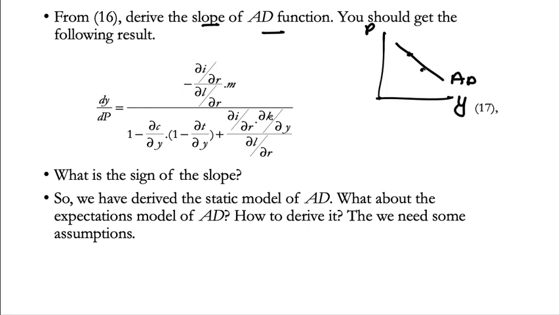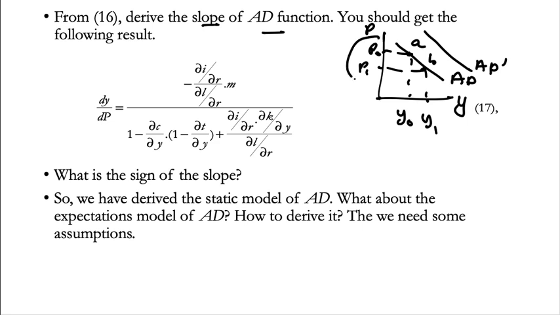So it means movement along the curve due to the price change from P0 to P1, and the output changes from Y0 to Y1. It's not about a shift in AD. You should know how to differentiate between the movement along the curve from point A to point B and the shift in AD from AD to AD prime. What makes AD shift from AD to AD prime? Anything other than price.